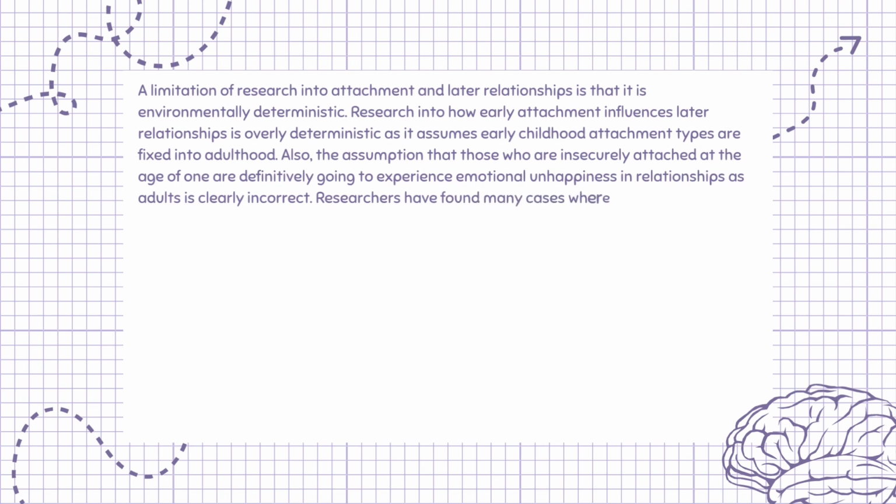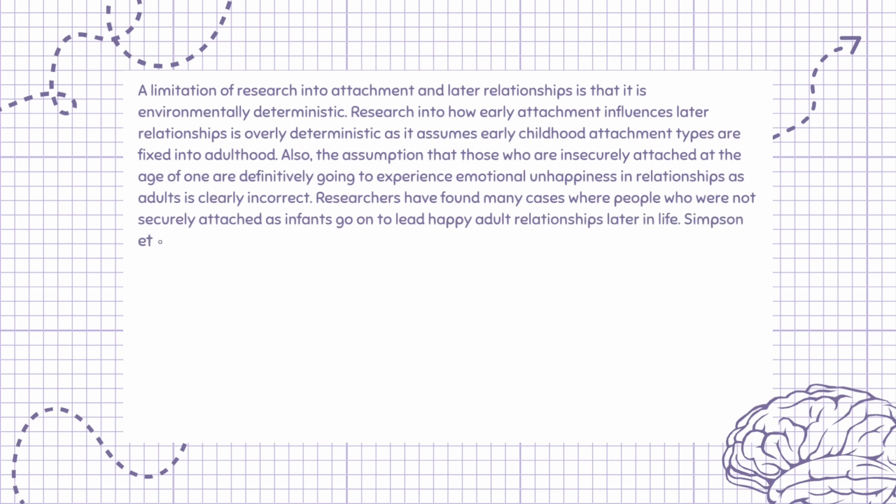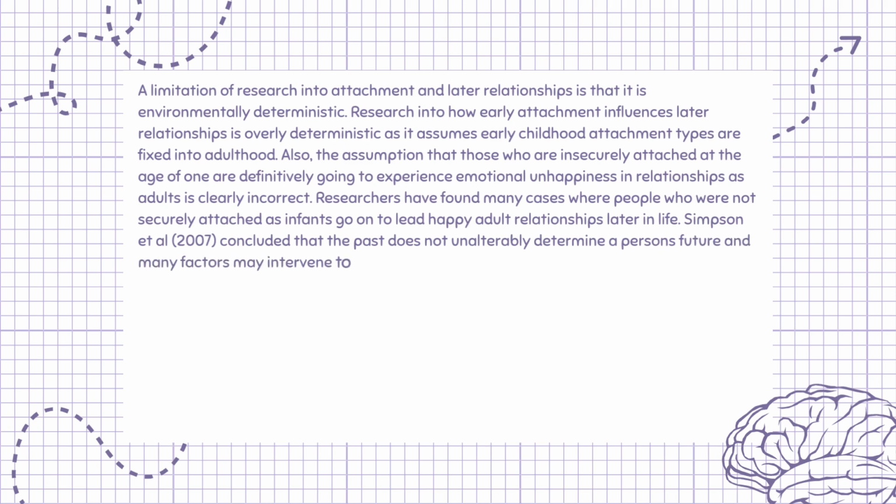Researchers have found many cases where people who were not securely attached as infants go on to lead happy adult relationships later in life. Simpson et al., 2007, concluded that the past does not unalterably determine a person's future and many factors may intervene to influence later attachment.